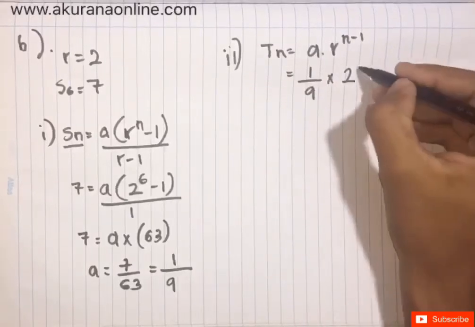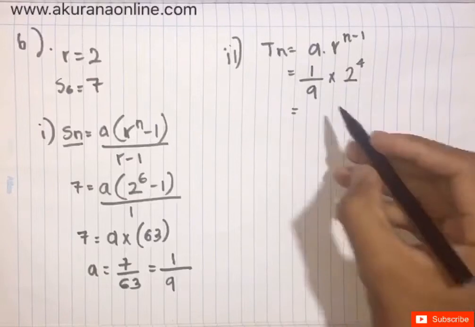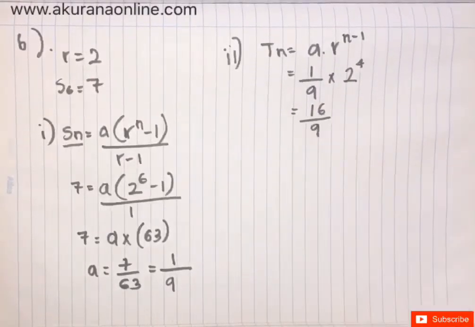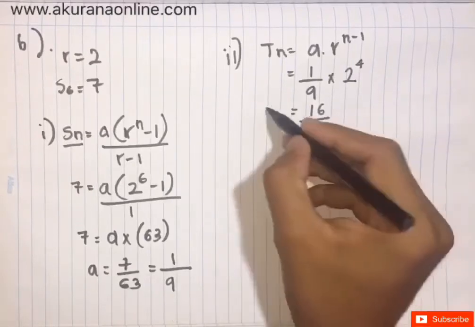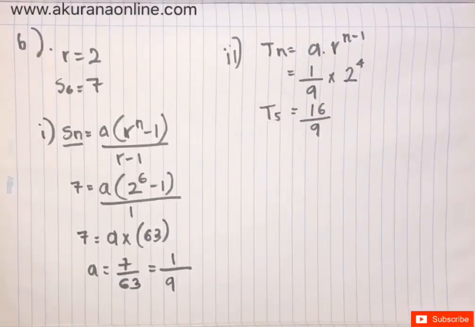Therefore n minus 1 is 5 minus 1, equal to 4. Now let us simplify. That is equal to 2 to the power 4 over 9, which is 16 over 9. You can't simplify further. Therefore our fifth term is equal to 16 over 9.